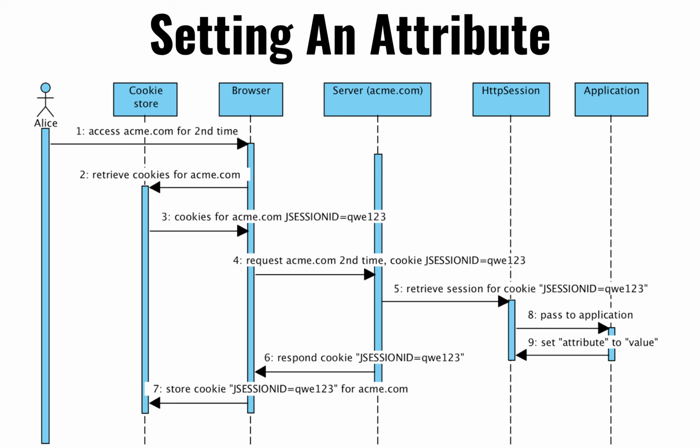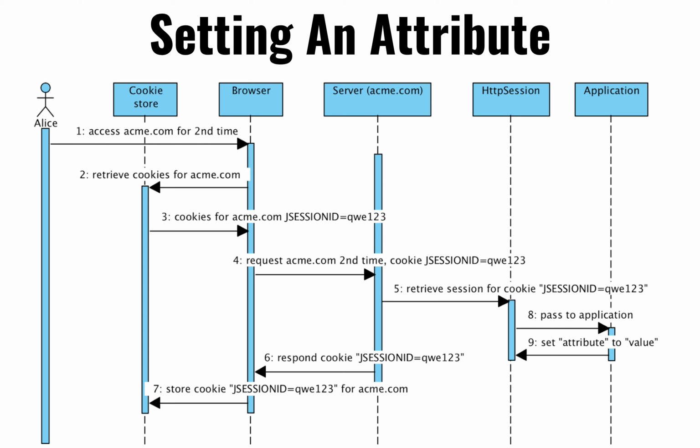Make sense? Now, typically these sessions are configured to time out after some time of inactivity. So whenever you send a cookie, the session is renewed for another, say, 30 minutes.